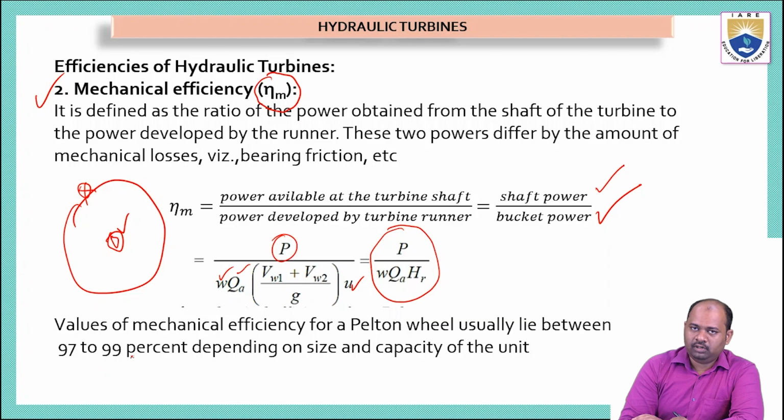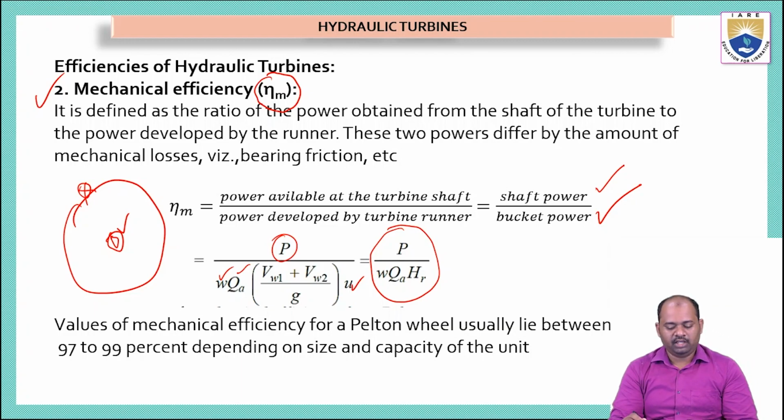Now for this definition, we'll try to understand what is the average value of the efficiency. The values of mechanical efficiency for a Pelton wheel usually lie between 97 to 99%, depending on the size and the capacity of the unit.